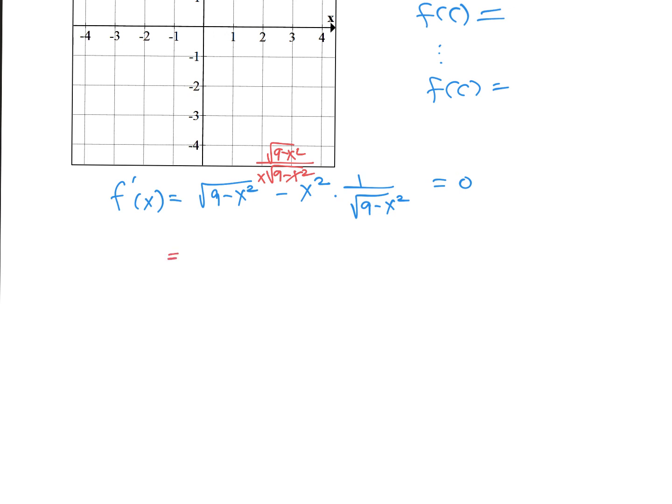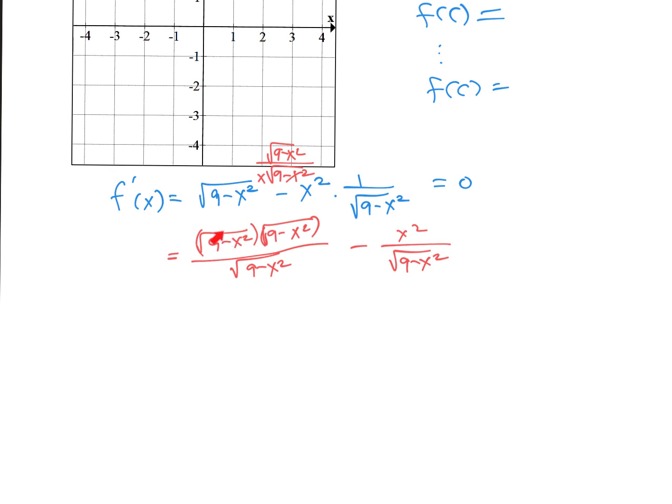So that's radical 9 minus x squared that I had originally, times 9 minus x squared over 9 minus x squared, minus x squared over radical 9 minus x squared. Once I have it, I have a common denominator.